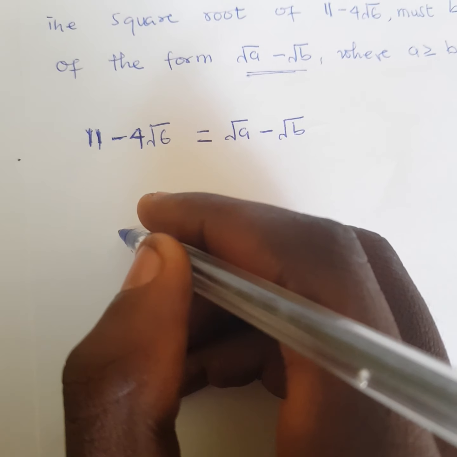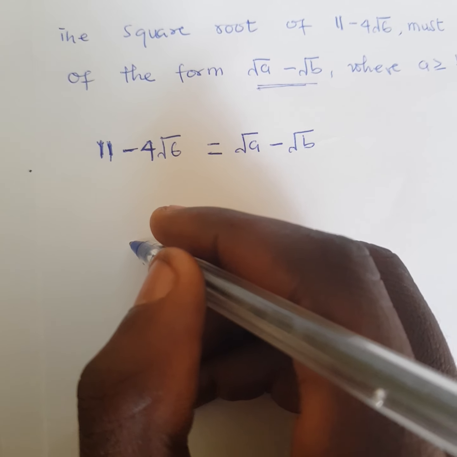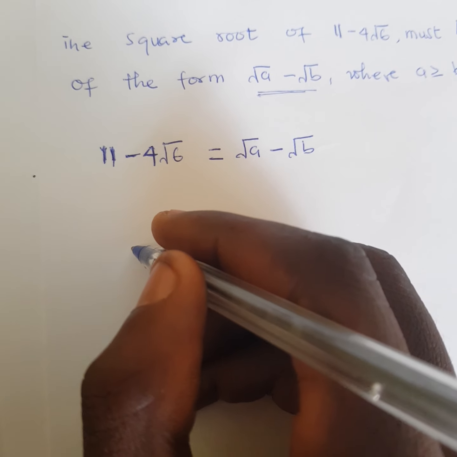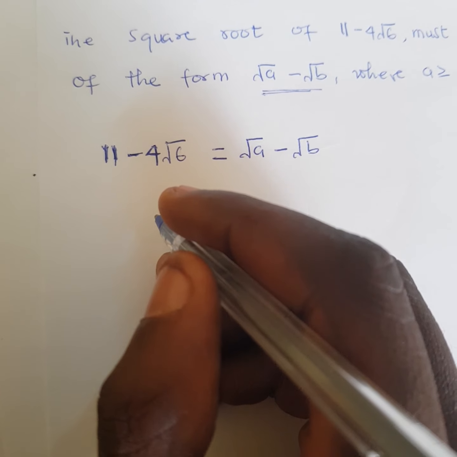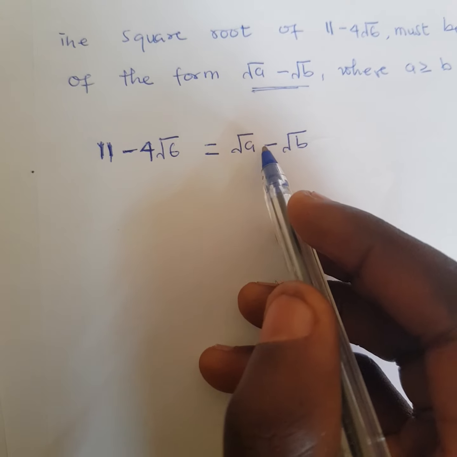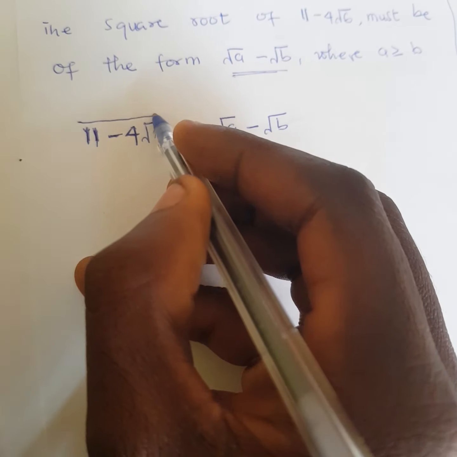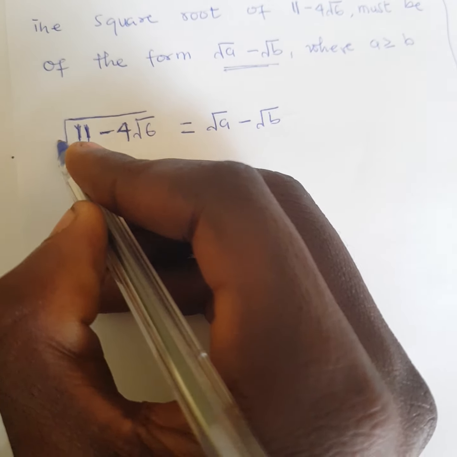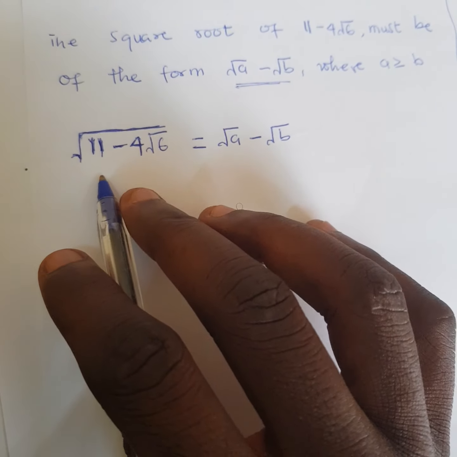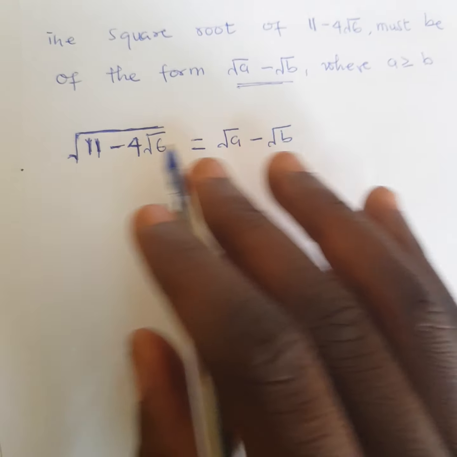If you say that these are equal, we need to put this one also under a square root sign before it can be equal to this. Before it can be equal to this.